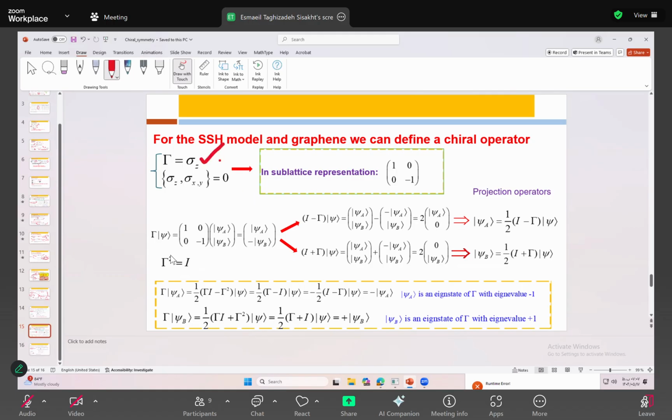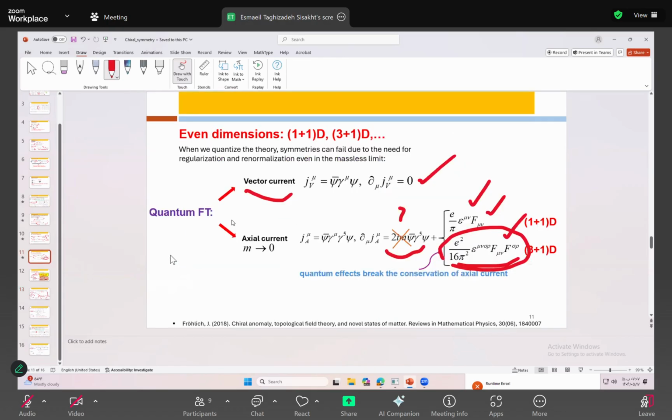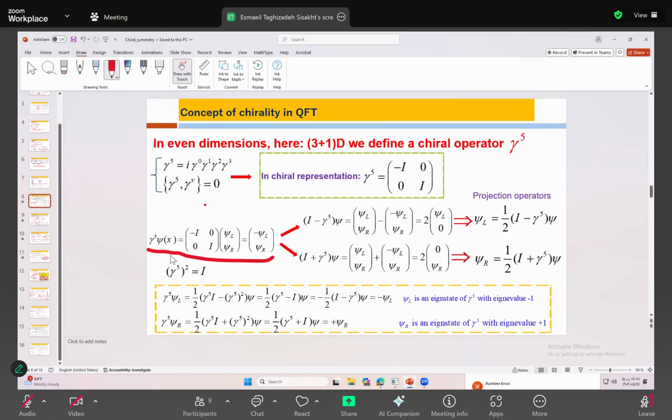If I define the gamma here like this one, this is equivalent to what I had there.